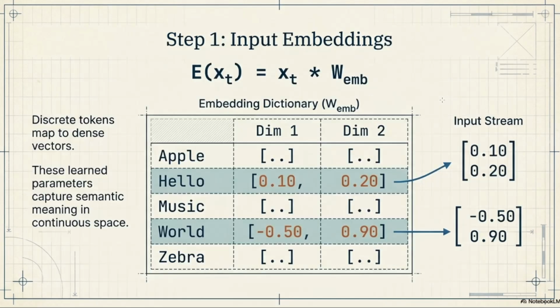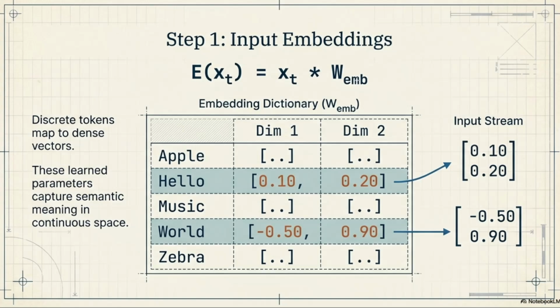So to do that, the first step would be input embeddings. We start with the input. Neural networks cannot do math on strings, obviously. They only understand numbers, so we must convert the string into numbers. We use an embedding matrix denoted here as W_emb.